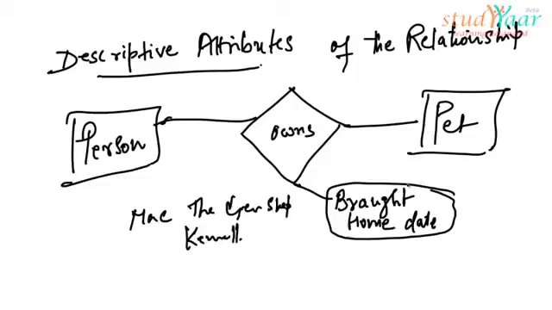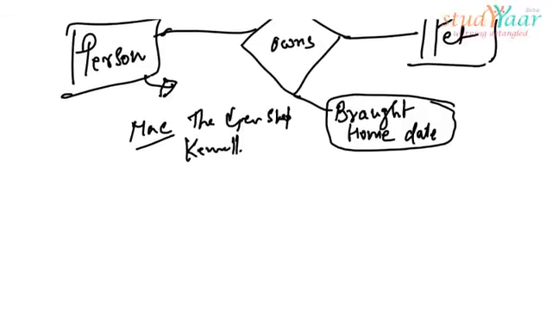He was brought home probably when he was 2 months old. But this person is more interested in when this pet, Mac, was brought home. So this information is represented as an attribute of the relationship set.